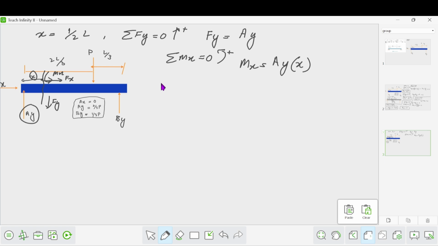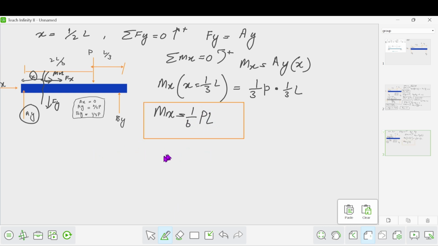So Mx will equal, at x equal to 1 divided by 3L, this will become 1 divided by 3 into P, and x equal to 1 divided by 3L. So Mx is equal to 1 divided by 6 P multiplied by L.